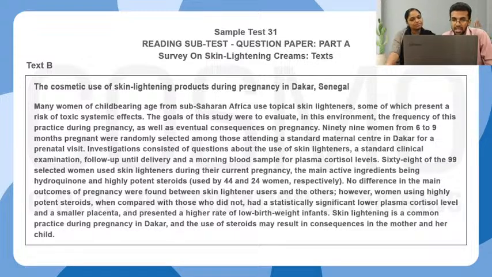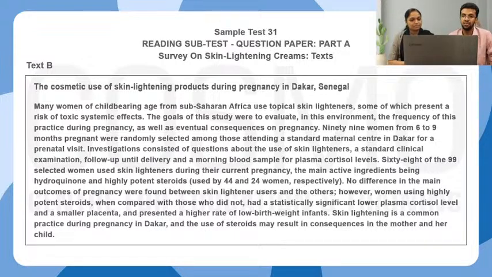I'll read the sentence again. 68 of the 99 selected women used skin lighteners during their current pregnancy, the main active ingredients being hydroquinone and highly potent steroids, used by 44 and 24 women respectively. So what does this mean? First of all, 99 pregnant women were chosen. Among these 99 pregnant women, 68 women used skin lighteners.